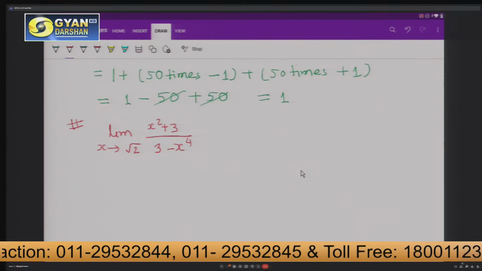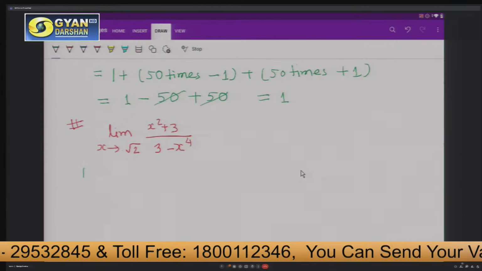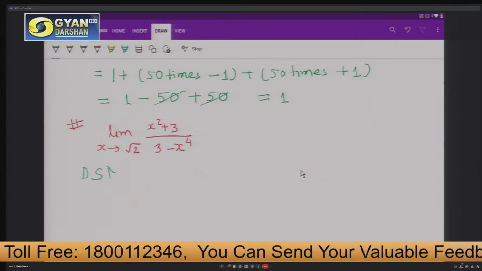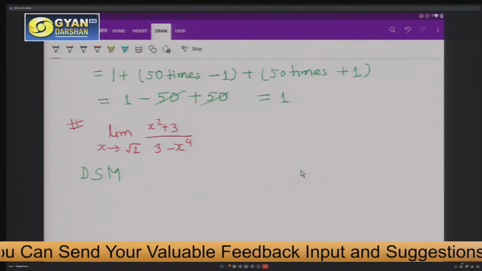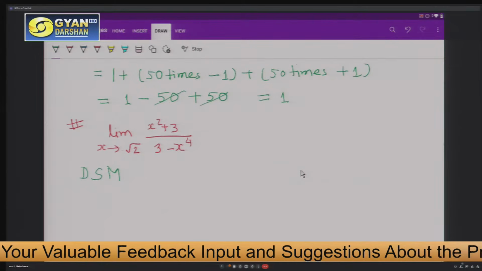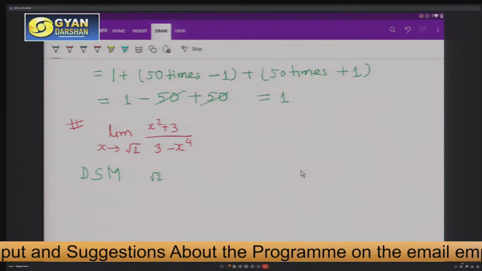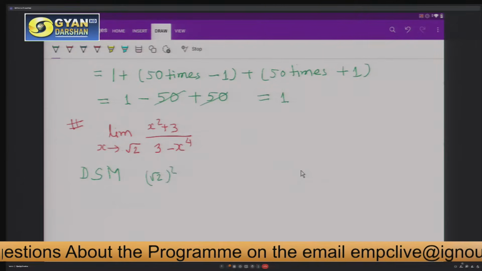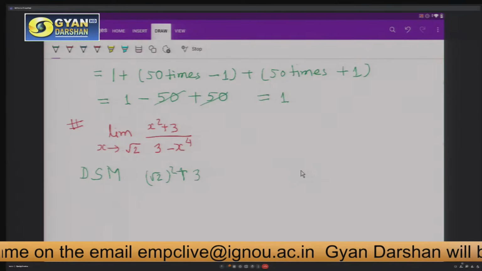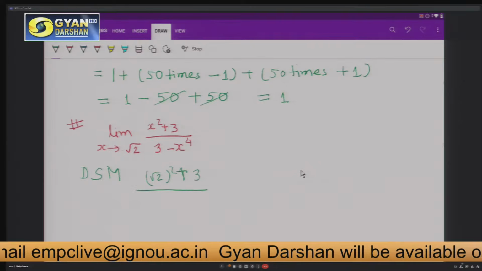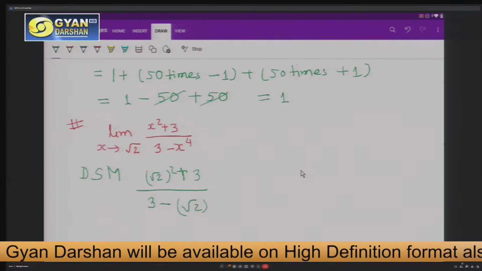So we will use the direct substitution method. It will be equal to (root 2 square plus 3) divided by (3 minus root 2 to the power 4).